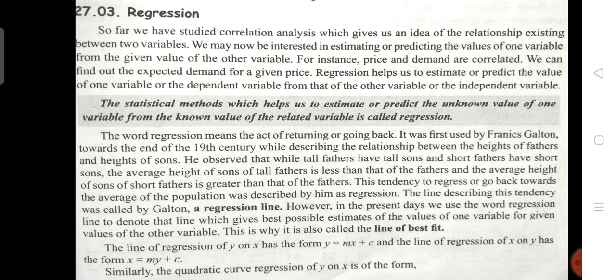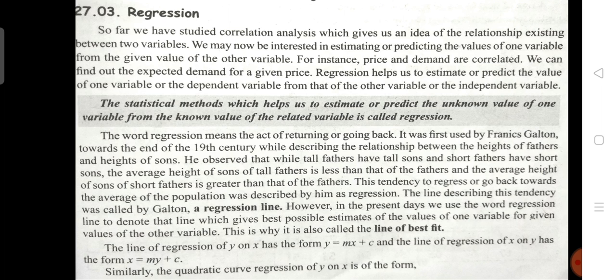But the average height of the sons of tall fathers is less than that of the fathers, and the average height of the sons of short fathers is greater than that of the fathers. This tendency to regress towards the average of the population was described by him as regression. The line describing this tendency is called the regression line.